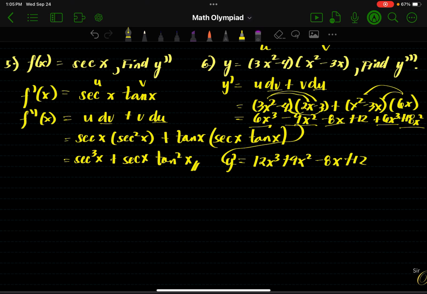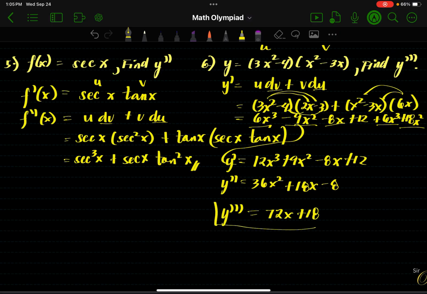How about the second derivative? The second derivative will be 36x squared plus 18x minus 8. And last, we are looking for the third derivative of y, which is 72x plus 18. And this is the answer for number 6.